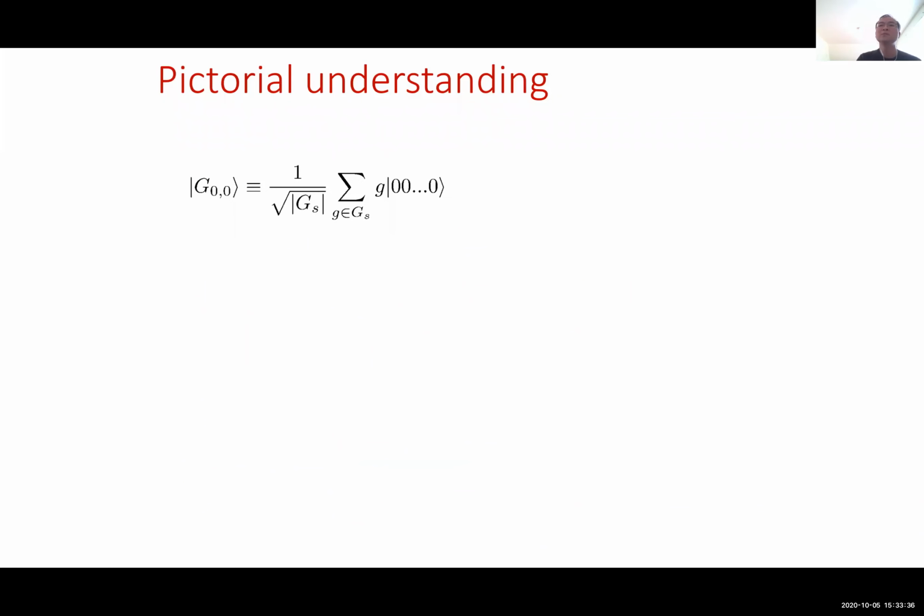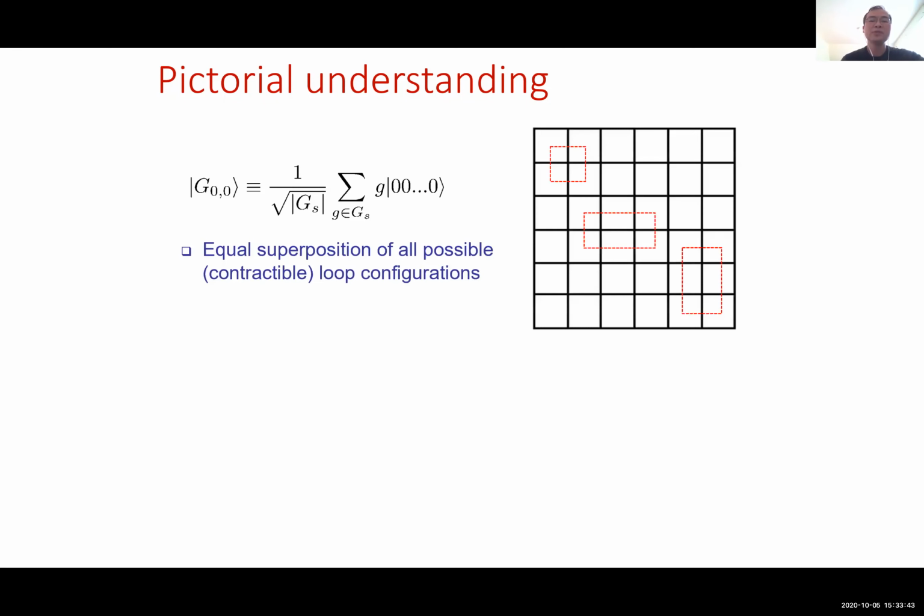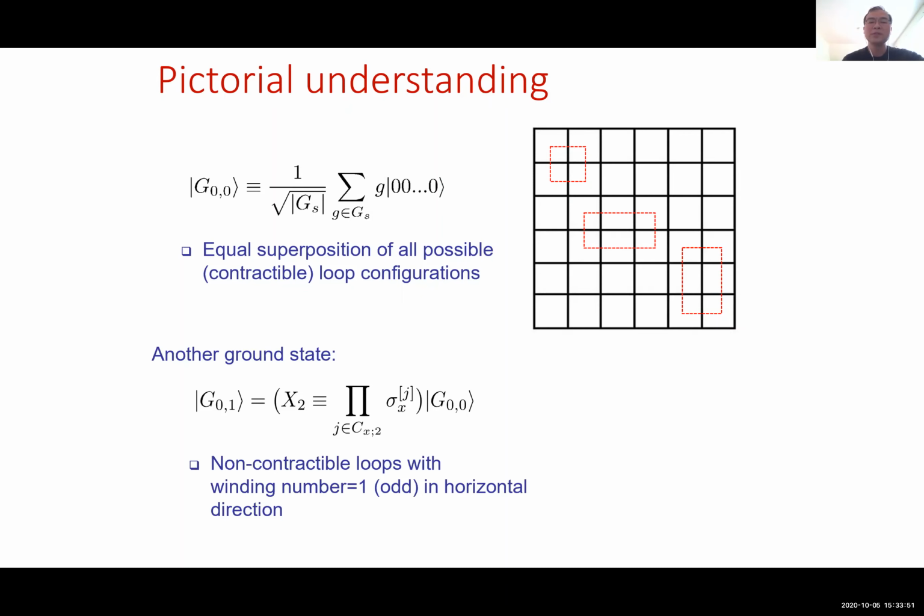And we also have a pictorial understanding of the other ground states. So G00 is a superposition of all loop configurations, contractible ones. Now, consider, for example, X2, which is obtained by multiplying G00 by this non-contractible product of X. That means it would flip, right?